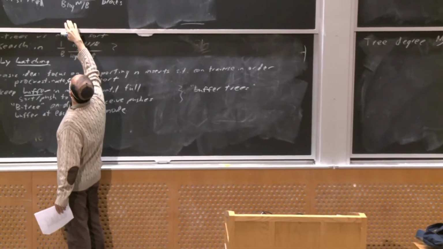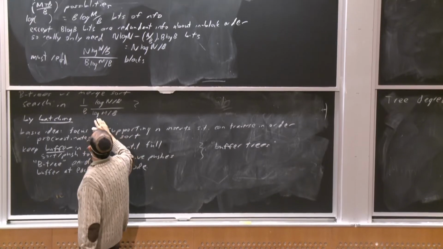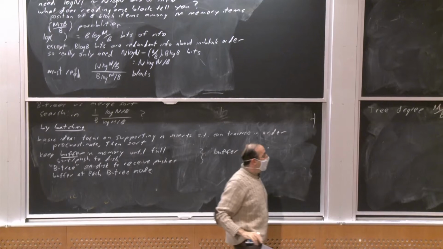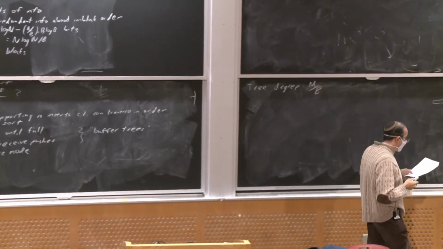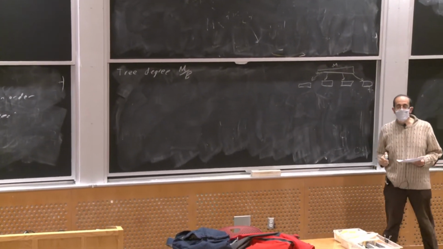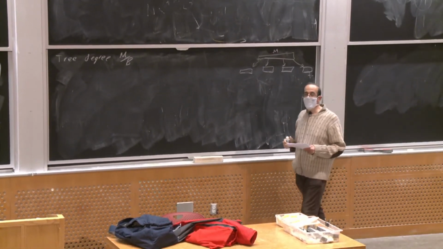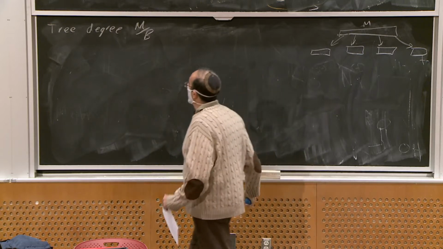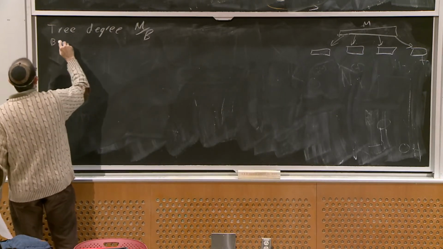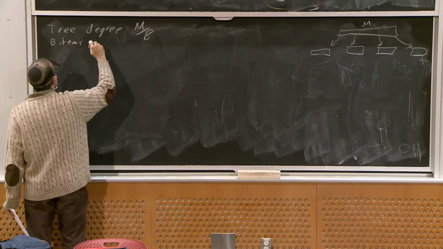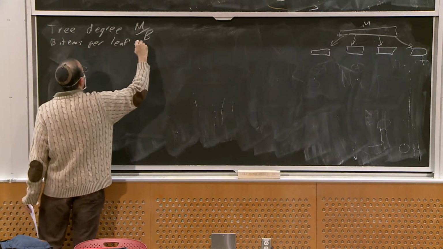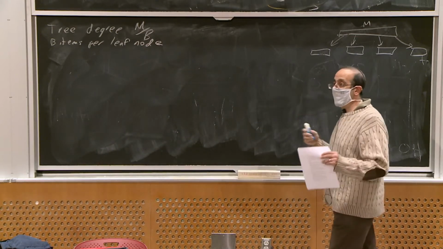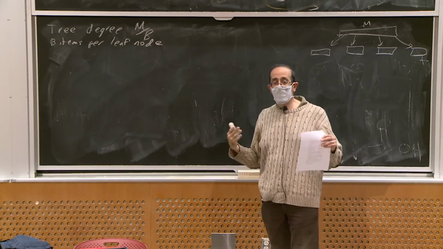So that things can be log base m over b. That's going to be the depth of our data structure: log base m over b of n over b. We're still going to put b items per leaf node, so that we can continue to think of this as a tree over blocks.